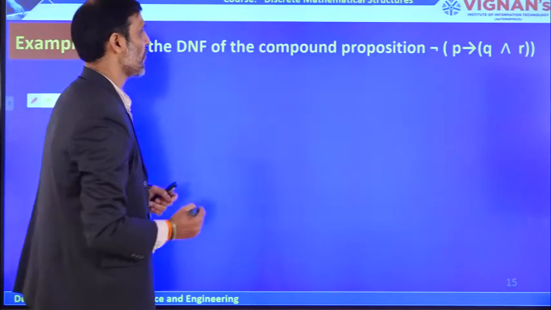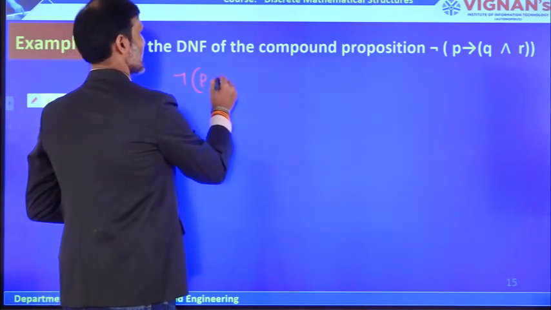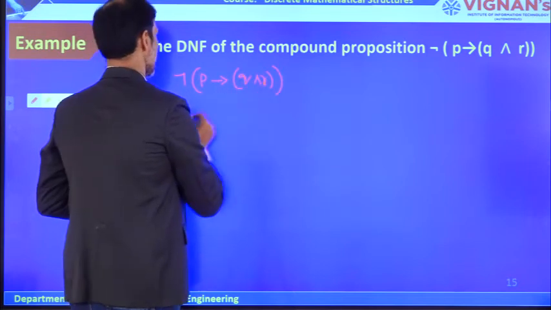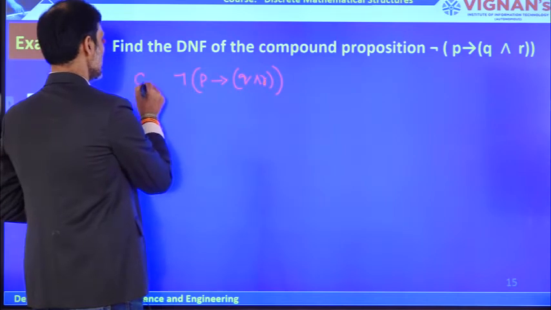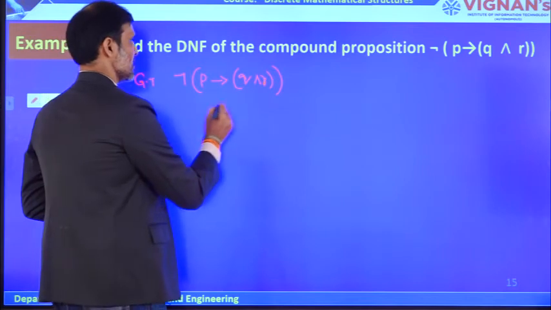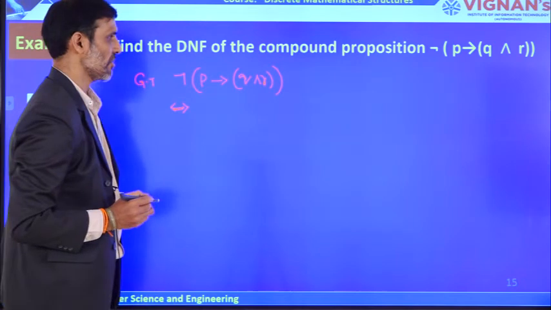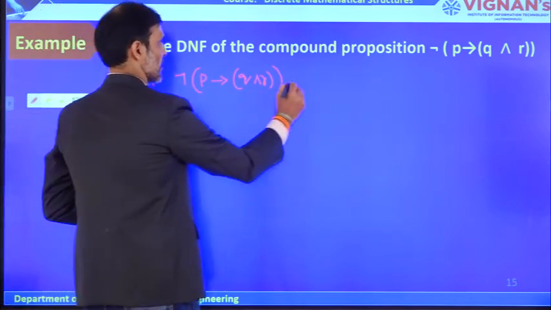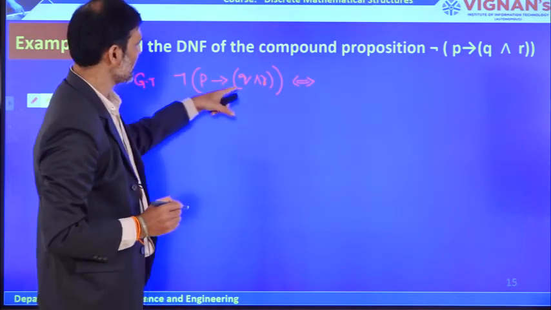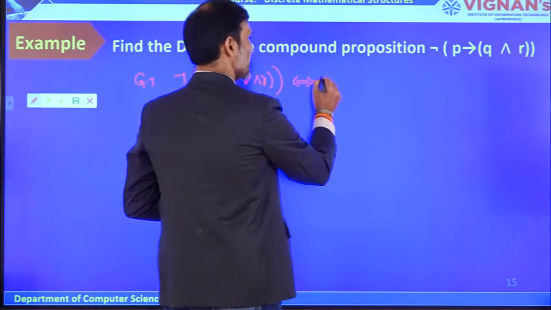the given compound proposition: negation of P implies Q and R. So this is what is given. How do we write this? It is logically equivalent to, and there is an implication inside the braces, so first try to eliminate implication.